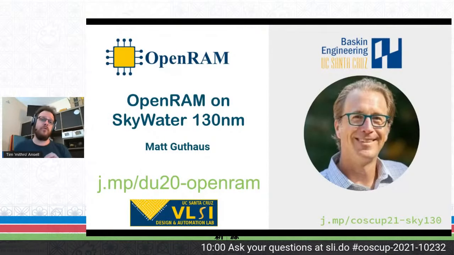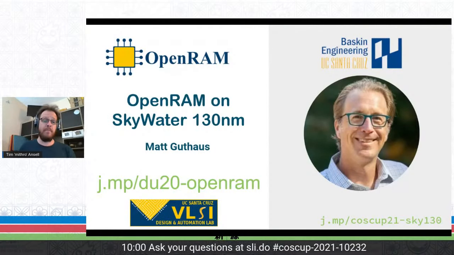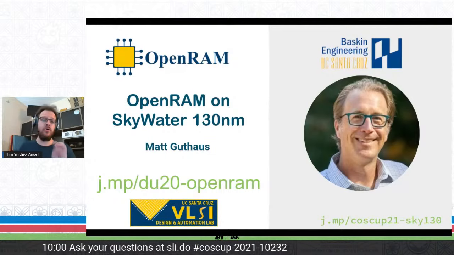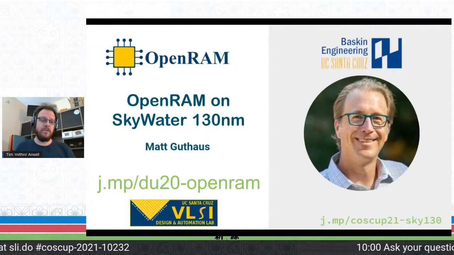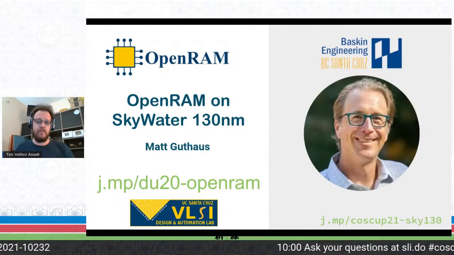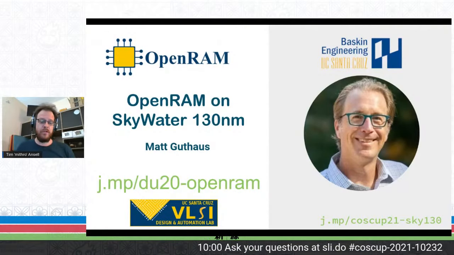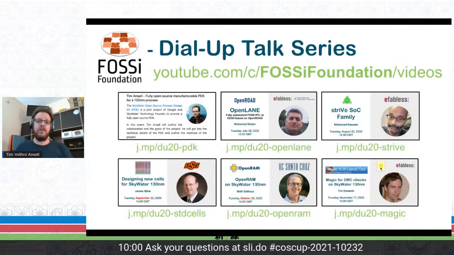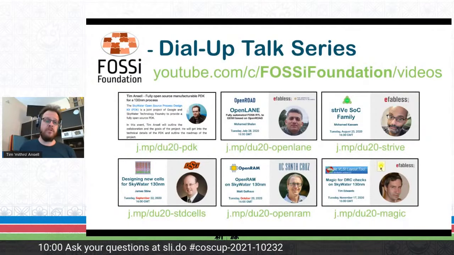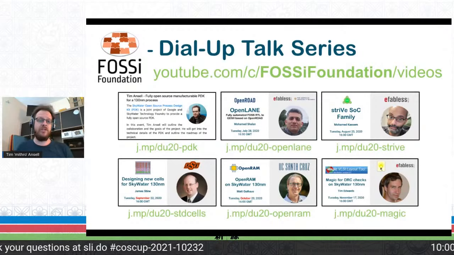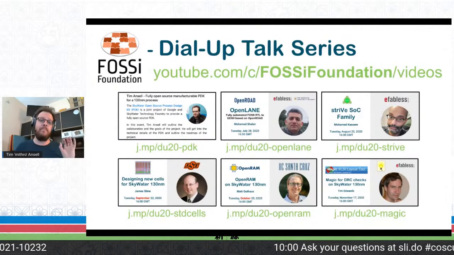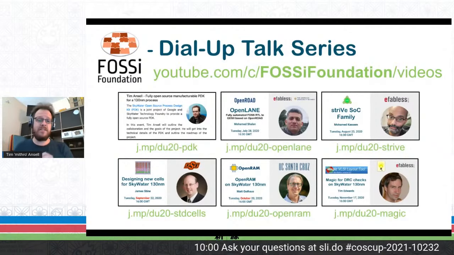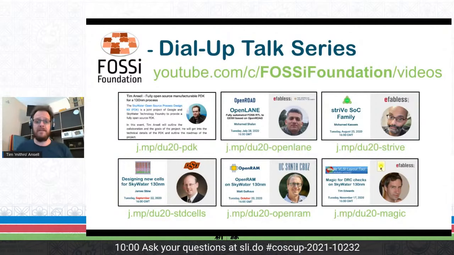Matt Goodhouse, who leads the OpenRAM project, actually gave a talk last year on the Sky130 support, and you can go and look at the YouTube recording there. In fact, in partnership with the Free and Open Source Silicon Foundation, we did a complete talk series about the various different parts of this space.